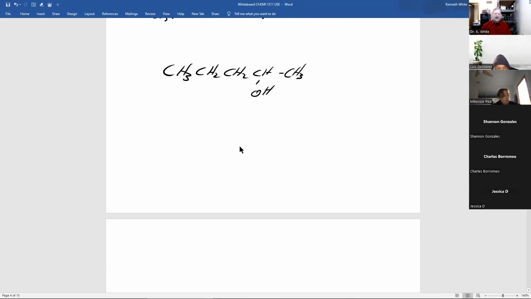If we look at this molecule, look for what's different, what's not carbon, what's not hydrogen. And we've got an oxygen with a hydrogen, OH, a hydroxyl group on a carbon. And that's an alcohol. Hydroxyl group on a carbon is an alcohol.